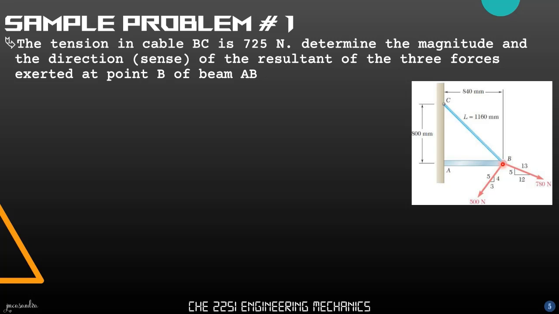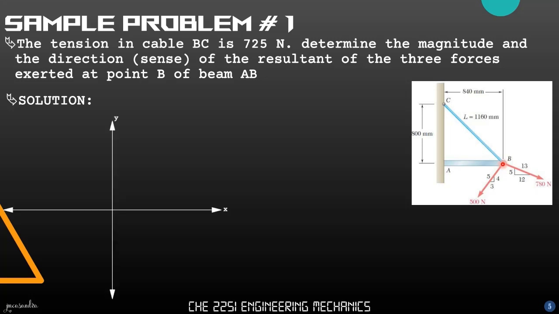To solve for the required, we now draw our FBD at point B. So we have your X and Y axis, and you have your three forces. As we can see, the three forces will have their own X and Y components.